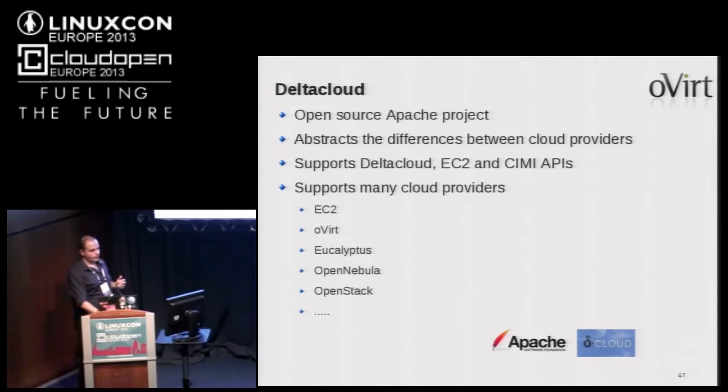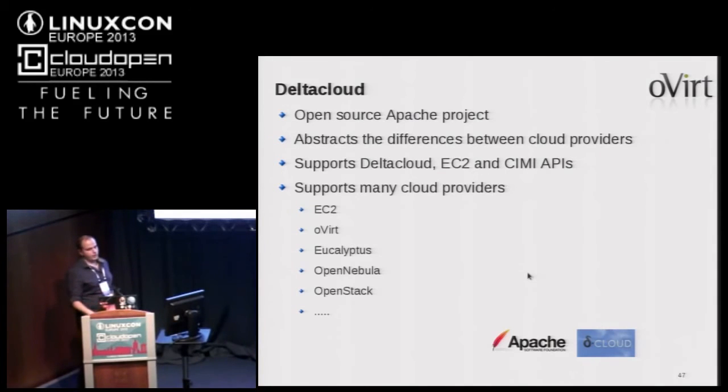They support 3 types of APIs currently. One of them is Delta Cloud API, which is their own API, and EC2 API, which is the Amazon Cloud API, and the CIMI API, which is the Cloud Infrastructure Management Interface API. The latter 2 are not fully complete, but a lot of options are in there.